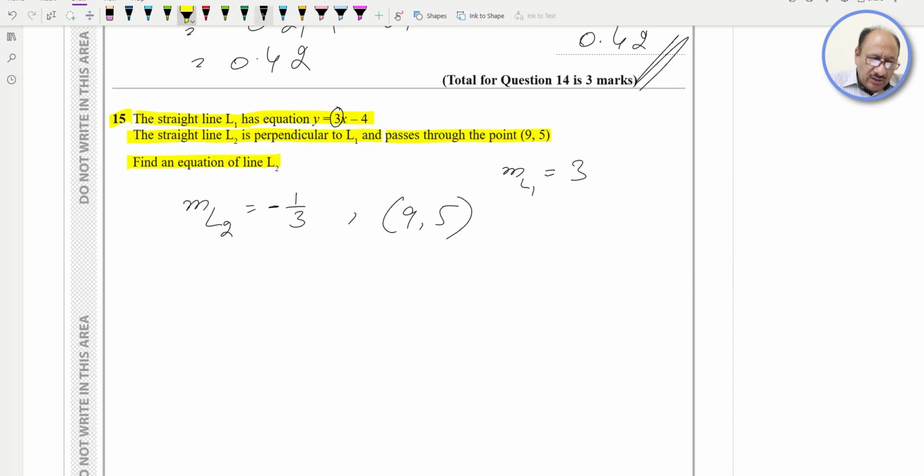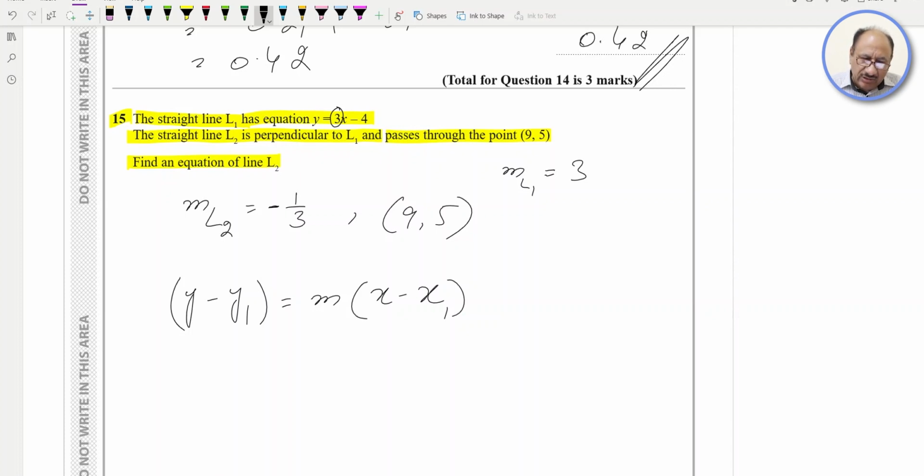So we can write the equation of line in point slope form. Y minus y1 is equal to m into x minus x1. You can find c value first, and then you can use y is equal to mx plus c, which is the slope intercept form.